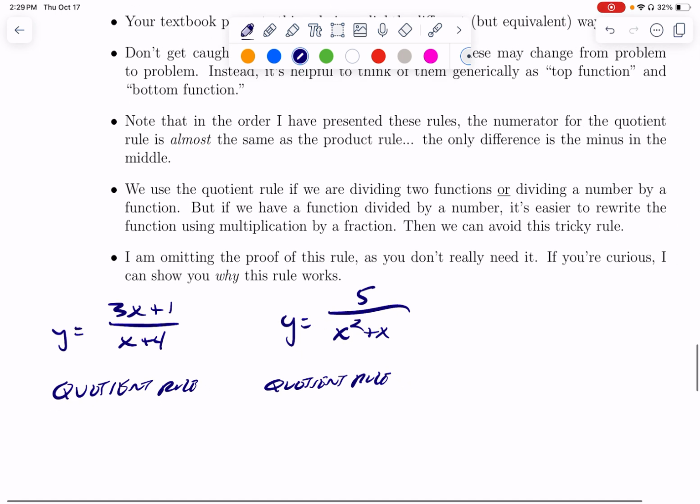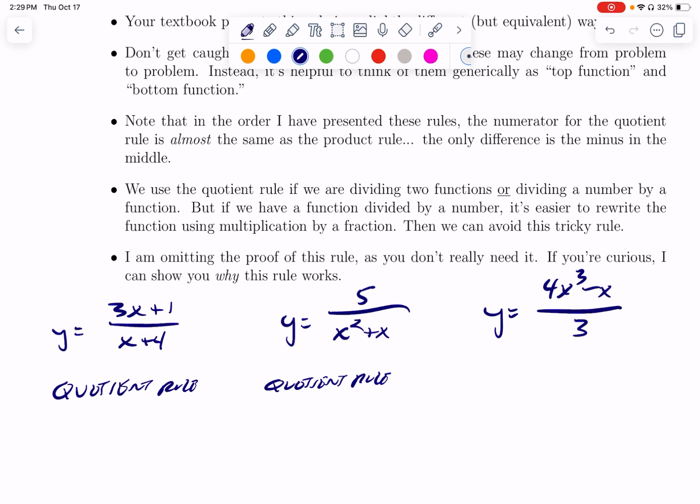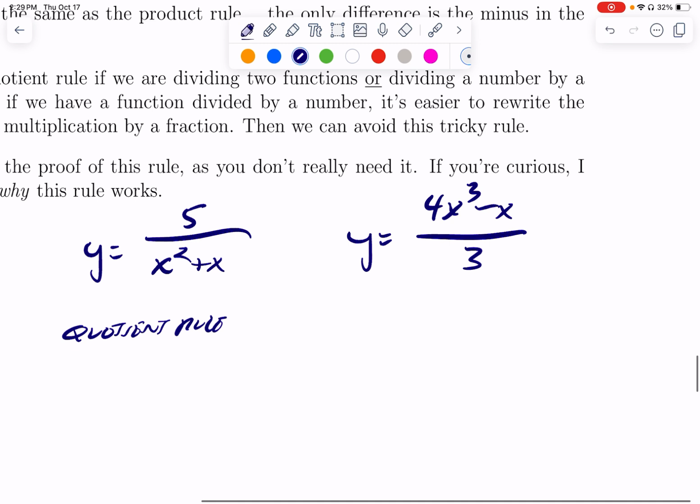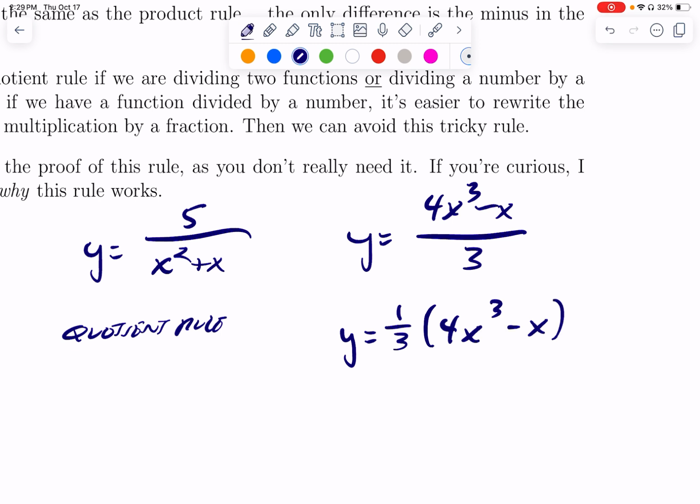But where we don't need quotient rule is if we have a function divided by a number. Because anytime we're dividing by a number, we could actually say, oh, that's really just 1/3 times what we have in the top. And instead of doing quotient rule, we can just say, oh, I have that 1/3 hanging out in front, and then it'll multiply the derivative that comes next, which would be 12x squared minus 1.